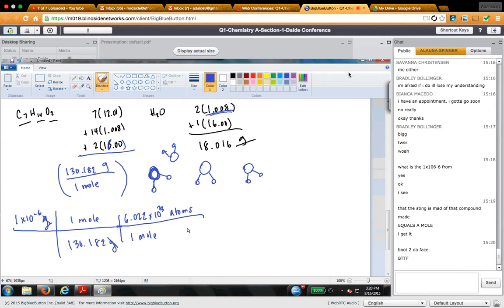All right. So all we got to do is plug this into our calculator. What is 1 times 6.022 divided by 130.182?